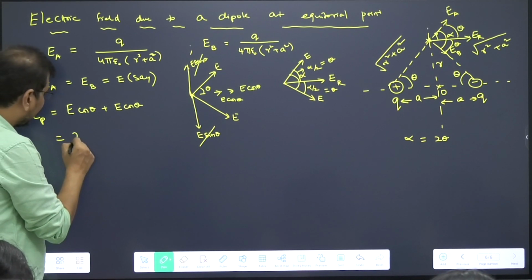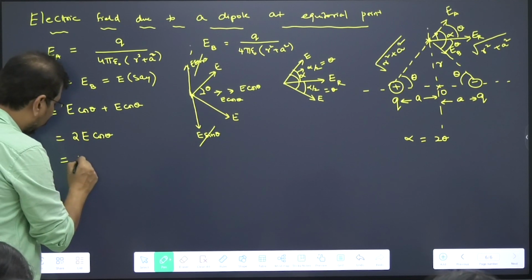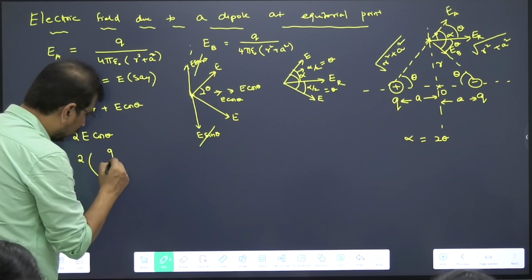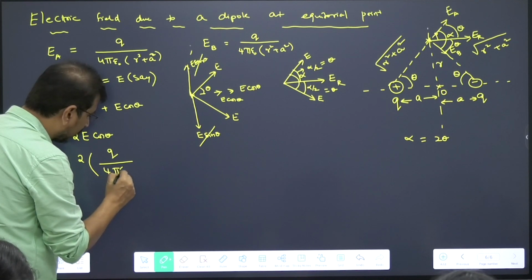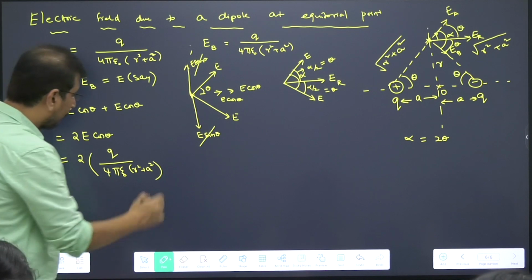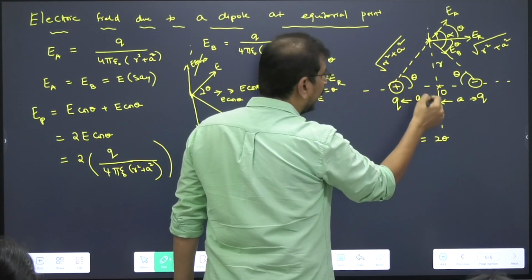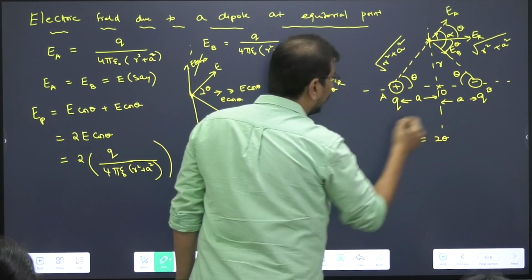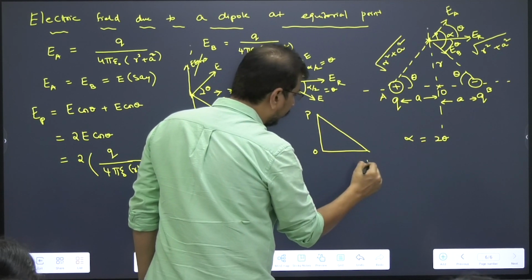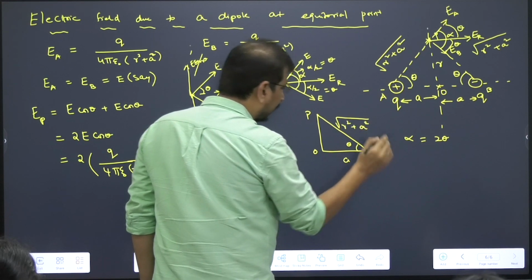So I can write this as 2 times E cos theta, which is equal to 2 into, what is the value of E? Q divided by 4 pi epsilon naught into R square plus A square, multiplied with, what is the value of cos theta from this triangle? If I take the right angle triangle POB, this is theta, this is A, this is root of R square plus A square.